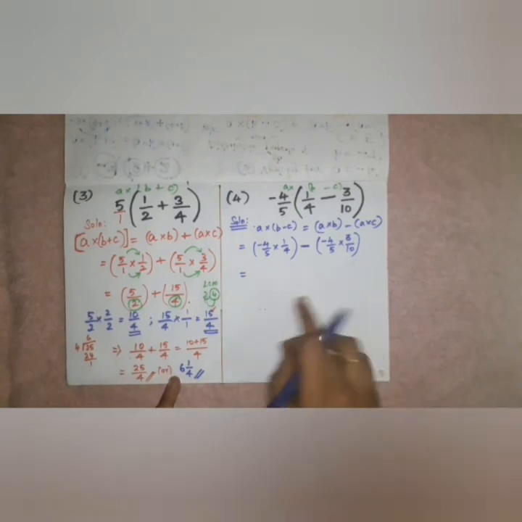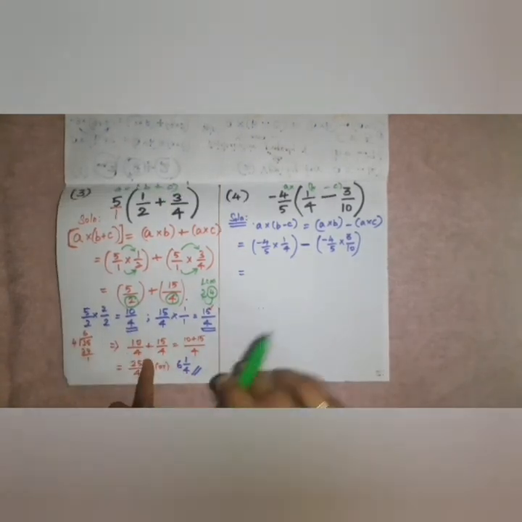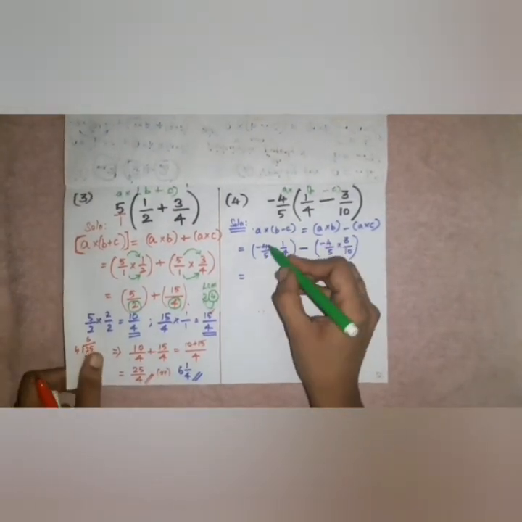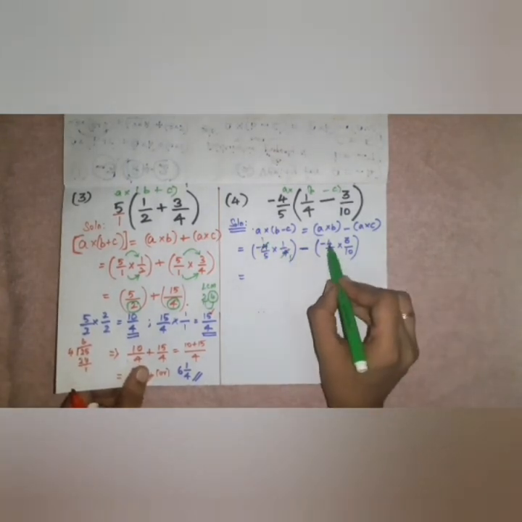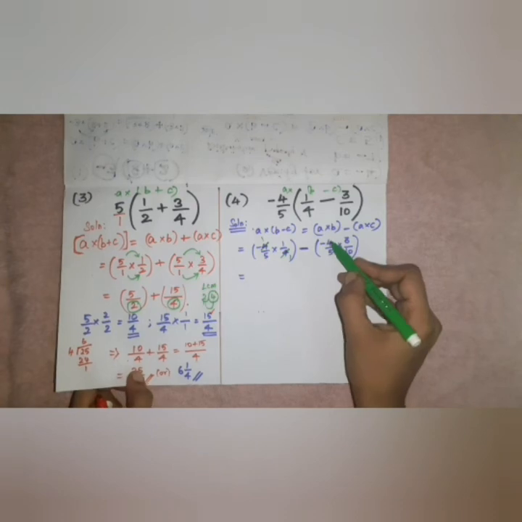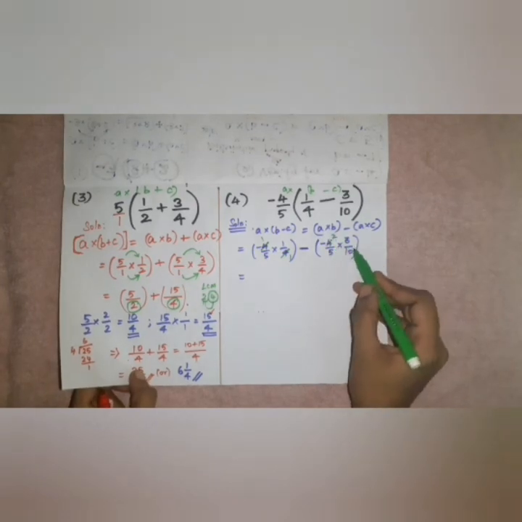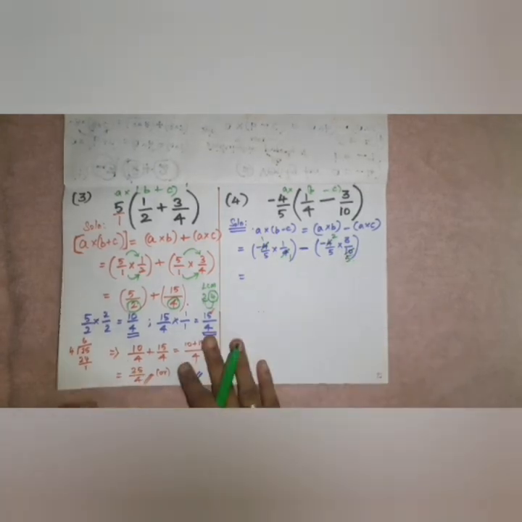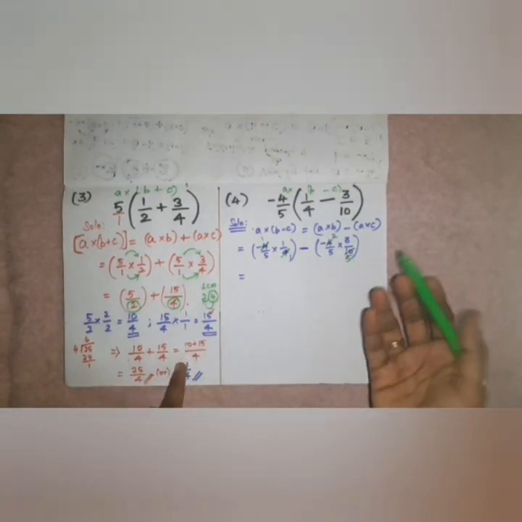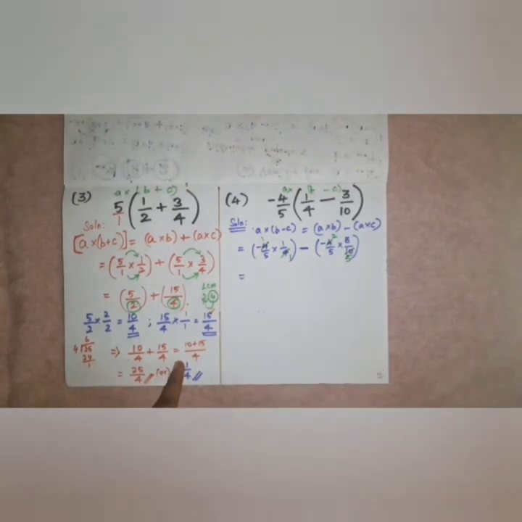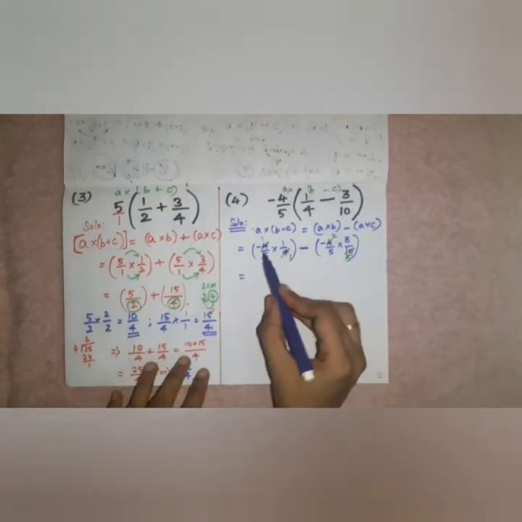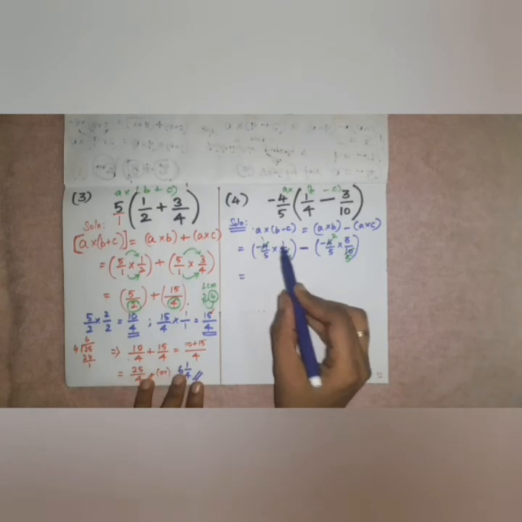When I look at this, can I do any cancellation? Yes, 4 ones are 4, 4 and 10 will cancel in the 2 table, 2 twos are 4, 2 twos are 4 and 2 fives are 10. Any other cancellation is not possible, so we just multiply the numerators and denominators.